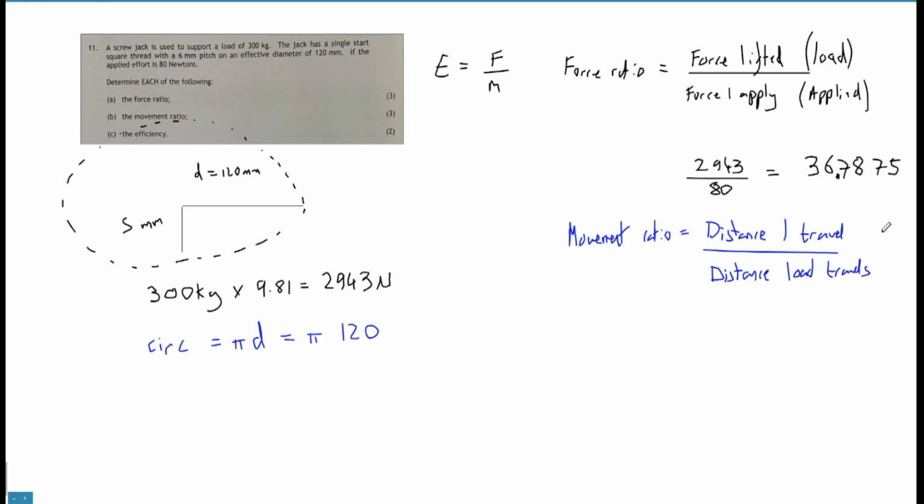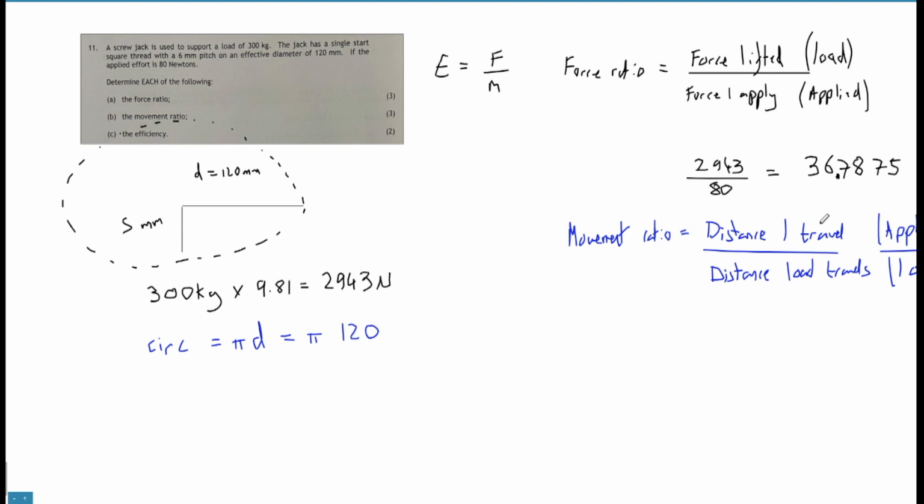The other one was applied force over load, which is completely backwards, which is why I just remember the big one has to go on top. You want this number to be a big number. Otherwise you are not increasing your ratio, your force. You want to be scaling things up. Yeah, you're scaling things up.